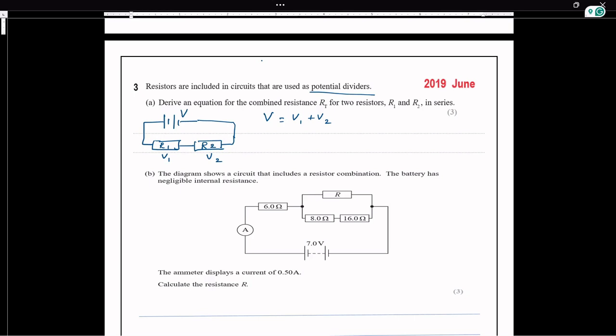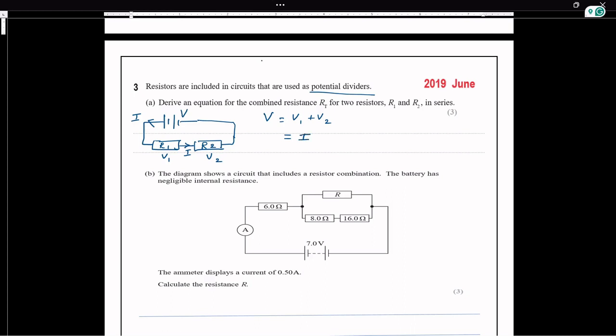Now imagine there is a current I flowing, starting from the voltage source, the battery. Since it is a series connection, the same current I is flowing through both resistors. So we can write how much is V1. According to Ohm's law, voltage is the product of current and resistance.